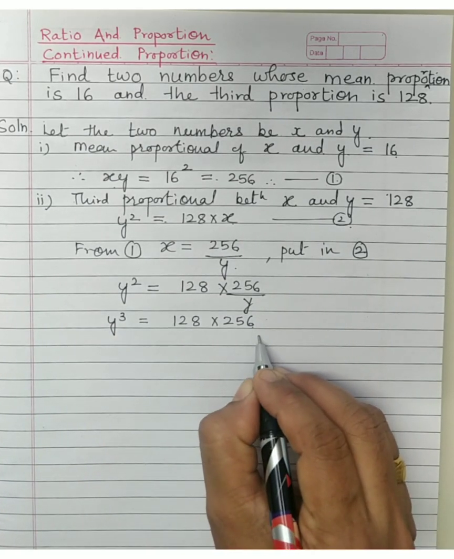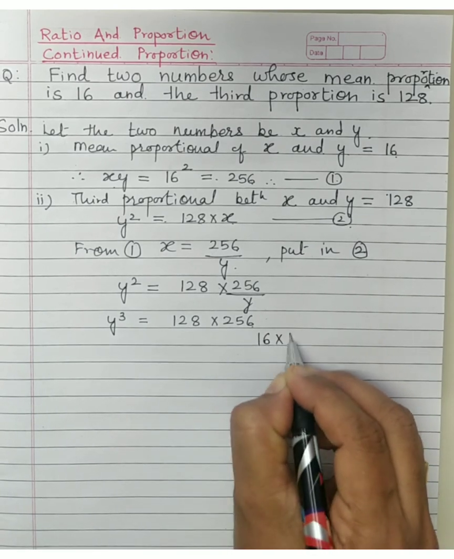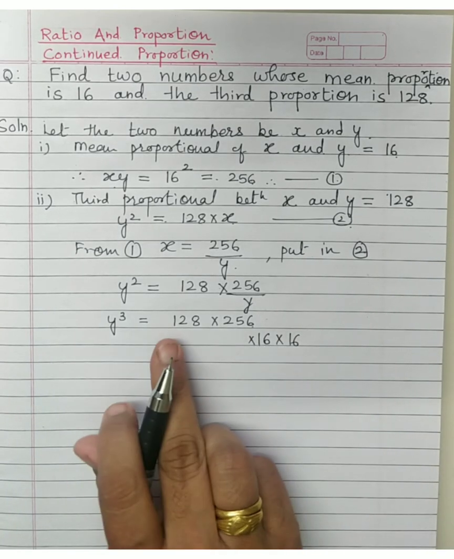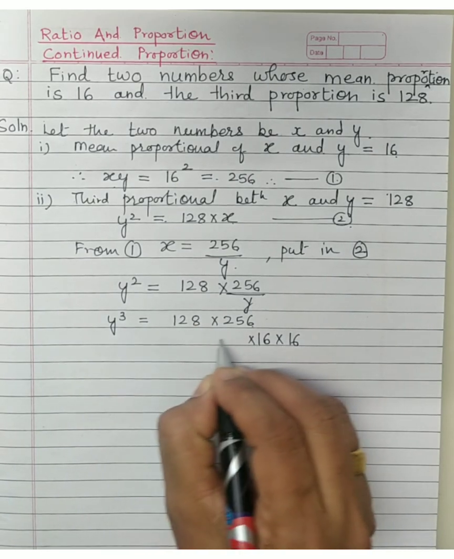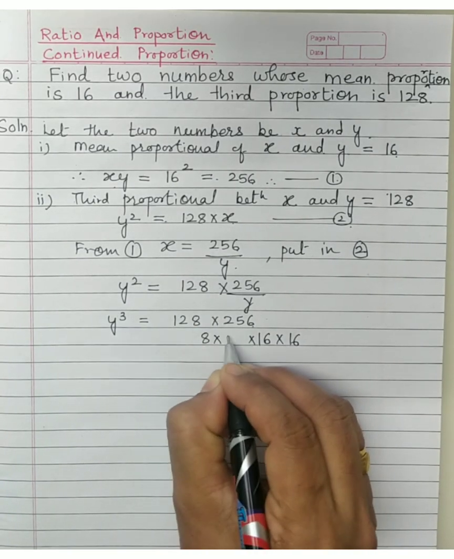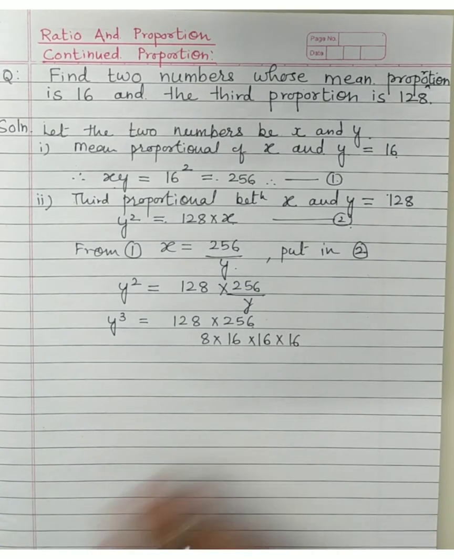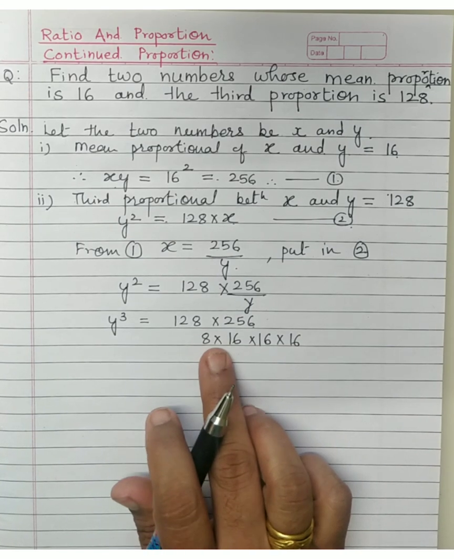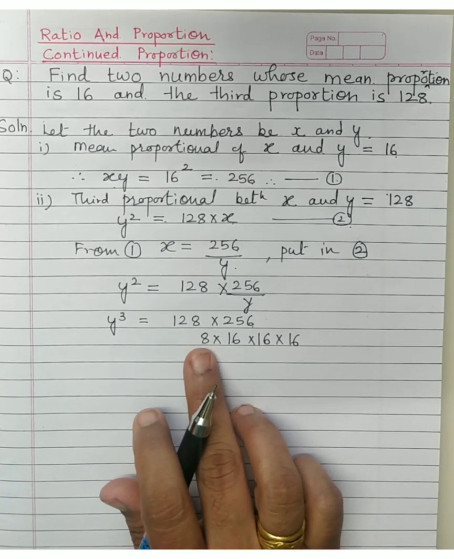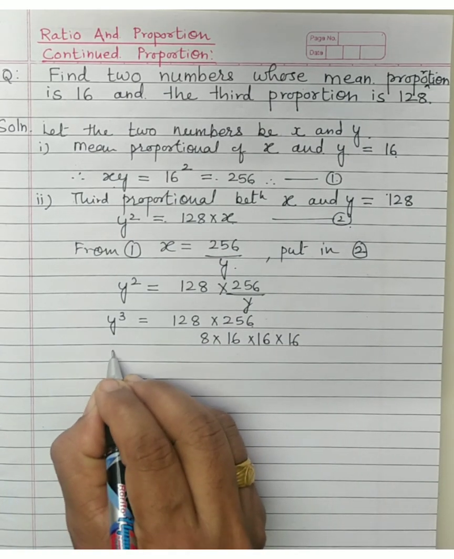Finding cube root of Y is necessary, so just go for factorization here. 256 you already know is 16 into 16. And also you know 16 8s are 128. So this can also be written as 8 into 16. So we have got one cubic factor here, 16, and 8 also you know is a perfect cube. What is the cube root of 8? 2. So very easily you get the number.